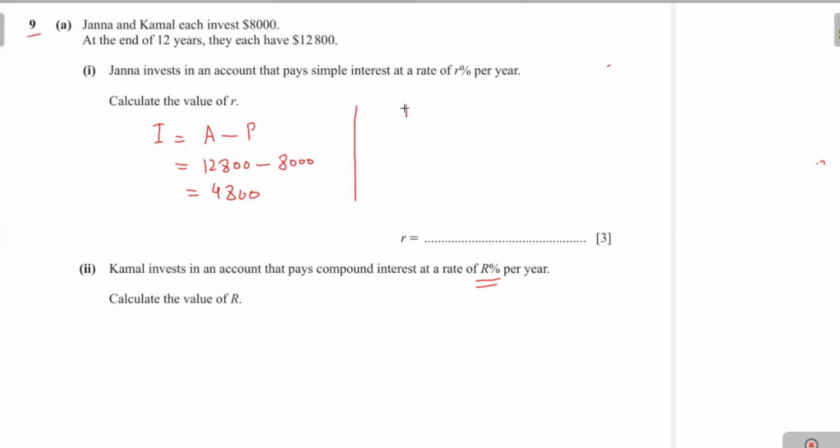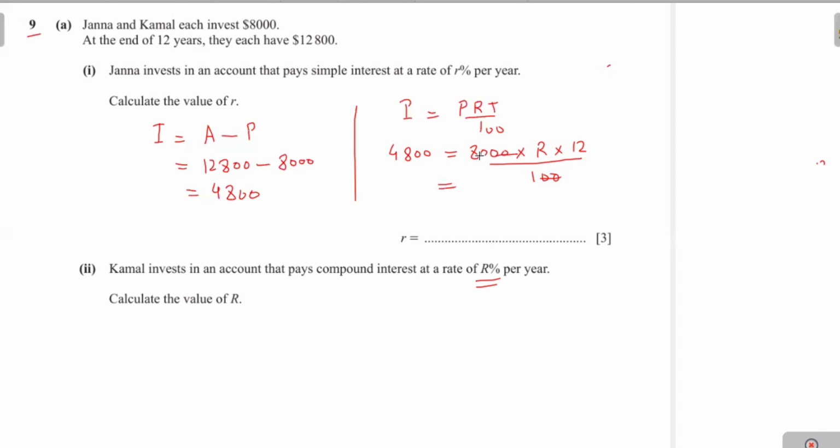The formula of simple interest: I equals P into R into T over 100. We put the value of interest here, 4,800. The investment amount is 8,000, multiplied by rate, multiplied by time, which is 12 years, divided by 100, and the 20s will be cancelled.